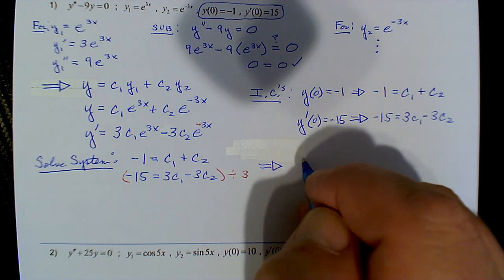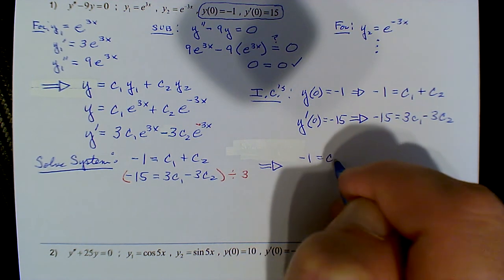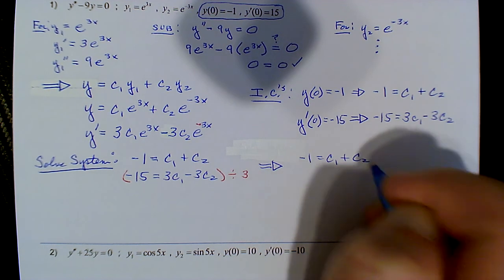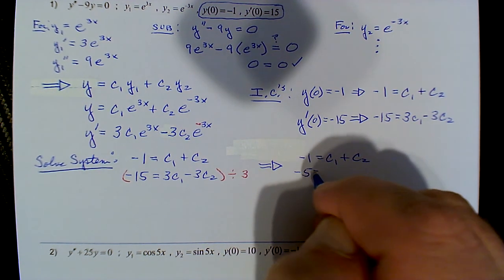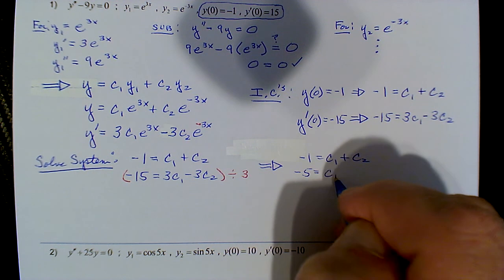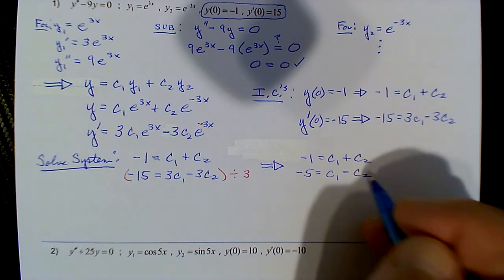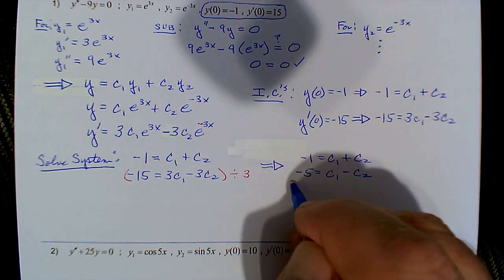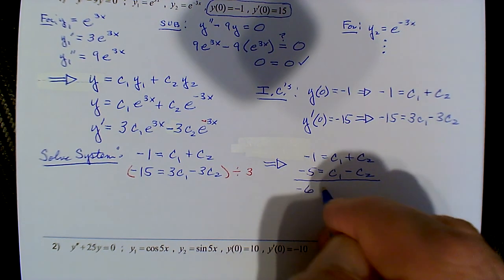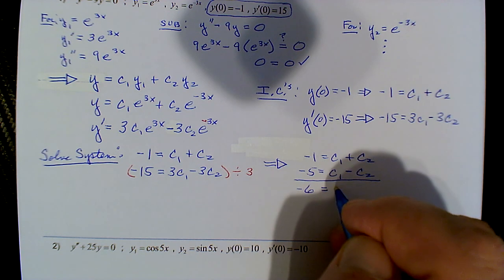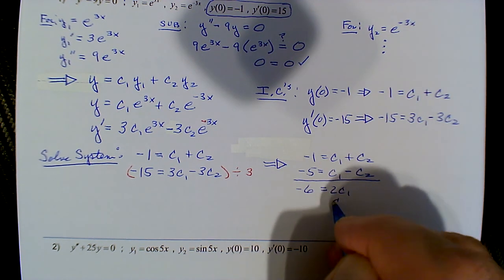So I'll recopy the negative 1 equaling c1 plus c2, and if I divide everything by 3 here, I get negative 5 equals c1 minus c2, and now the coefficients of c2 are equal but opposite, so I can add them together, and I get negative 6, and that eliminates c2, so we get negative 6 equals 2c1, and c1 would be negative 3.